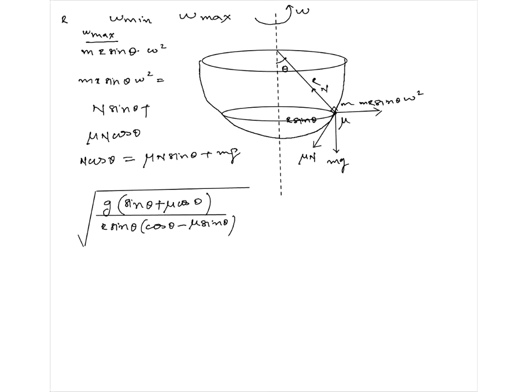It will reach its limiting value. Then centrifugal force, observer is same, centrifugal force will be the same, but omega will be omega min square. The breakup of normal reaction will be the same, r sin theta is same, mg is same, only friction changes.